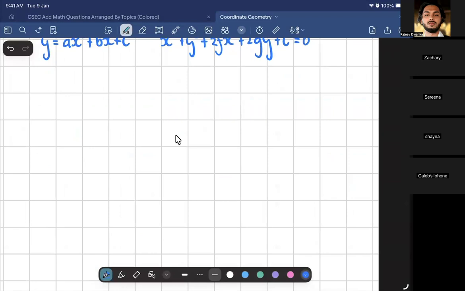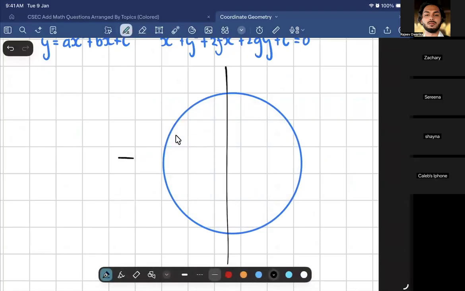Do you remember the vertical line test by chance? Yes, sir. So watch this. If I were to draw a circle here, and I draw the X and Y axis, and I perform the vertical line test, what happens?